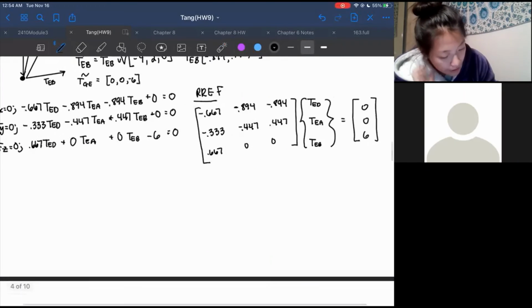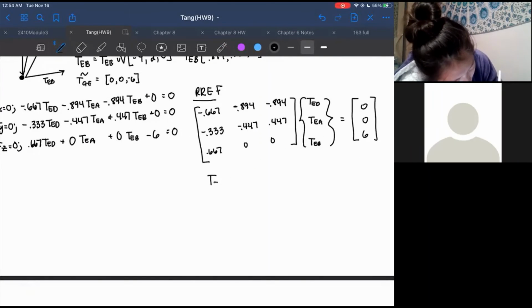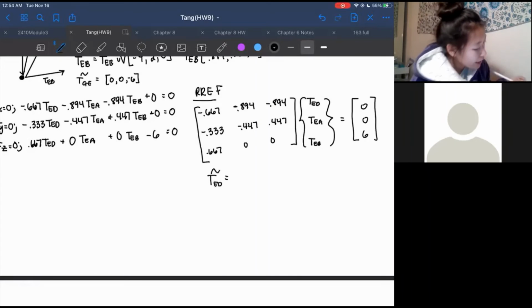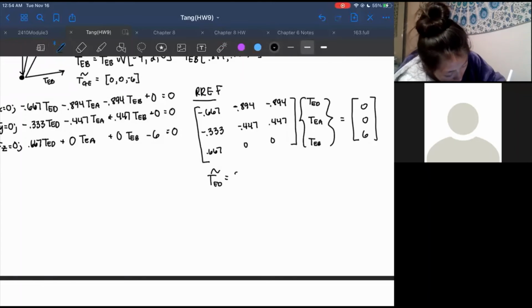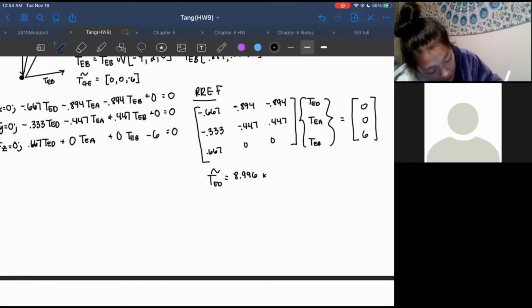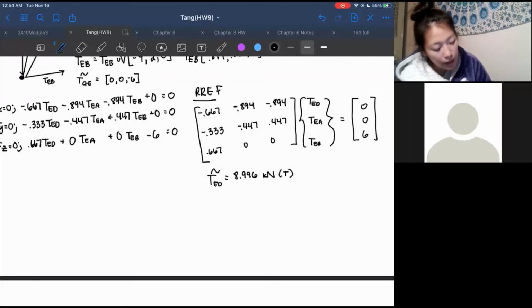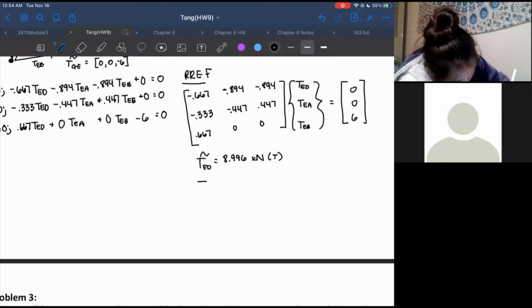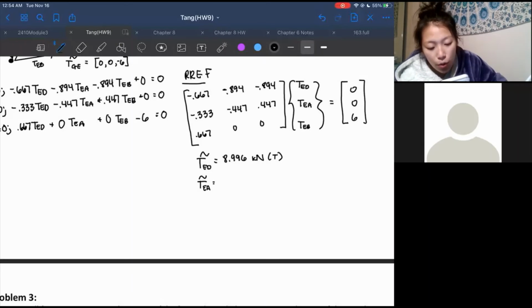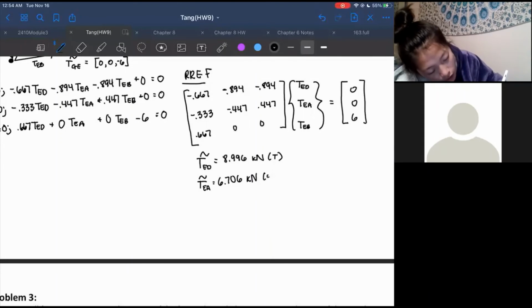Let's see, so for TED, I got 8.996. And I got positive, which means it's in tension, because we originally drew it in tension in the free body diagram. And then for TEA, I got negative 6.706, which means it's in compression.